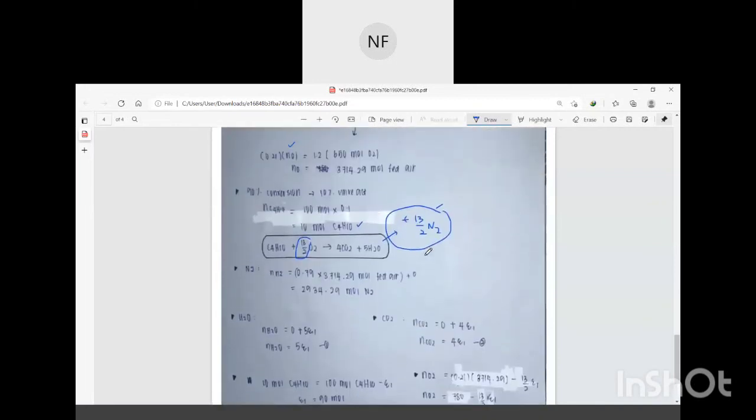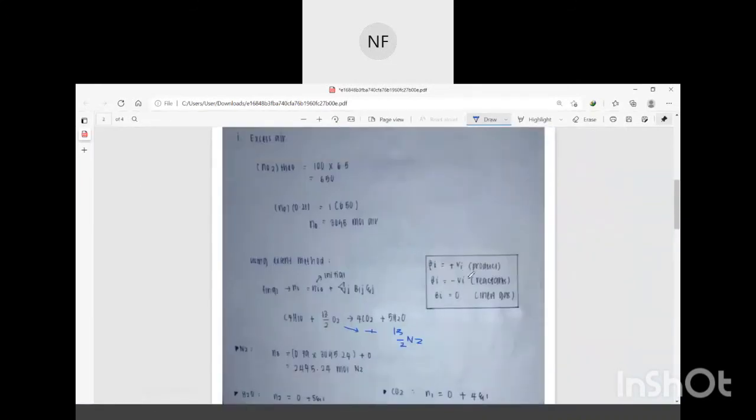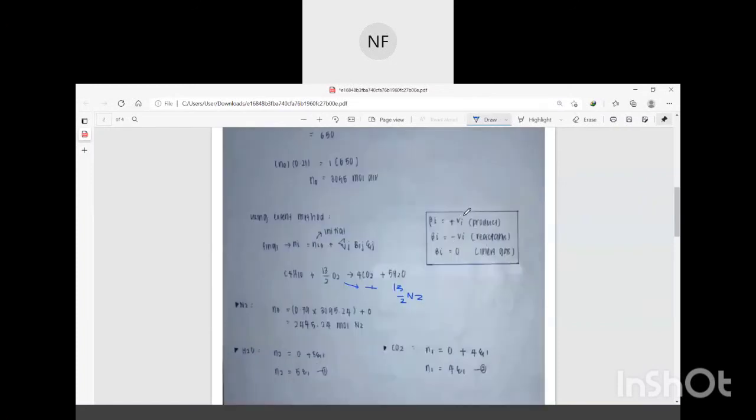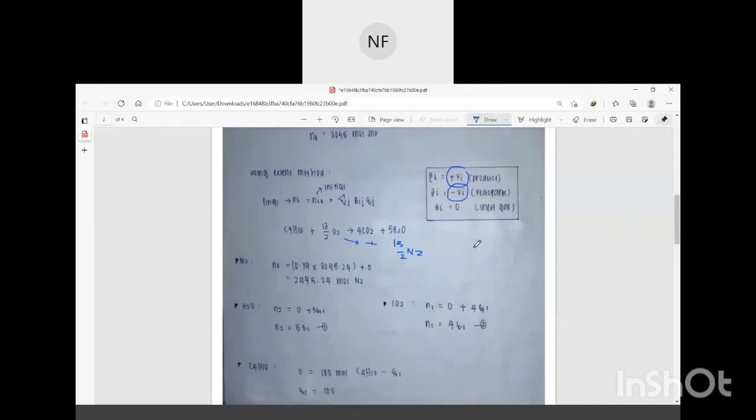For information, this is how we use the extent of reaction method to calculate. If the species is at the product side, we consider it as positive, and if the species is at the reactant side, we consider it as negative, and if the species is an inert gas, we just consider it as 0.